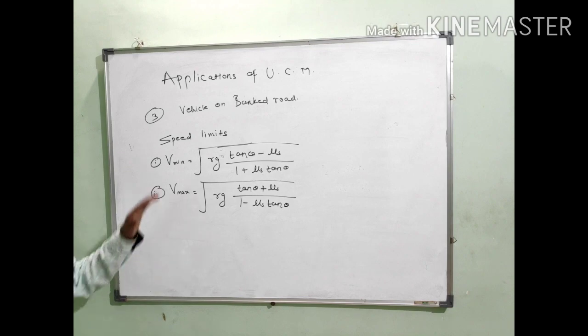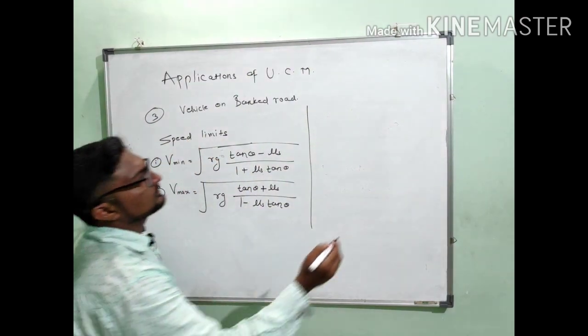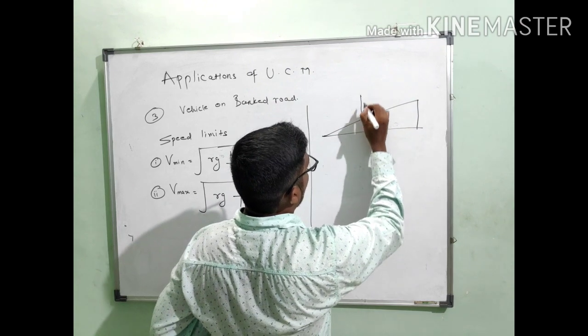So these are our required equations, the speed limits on this banked road.